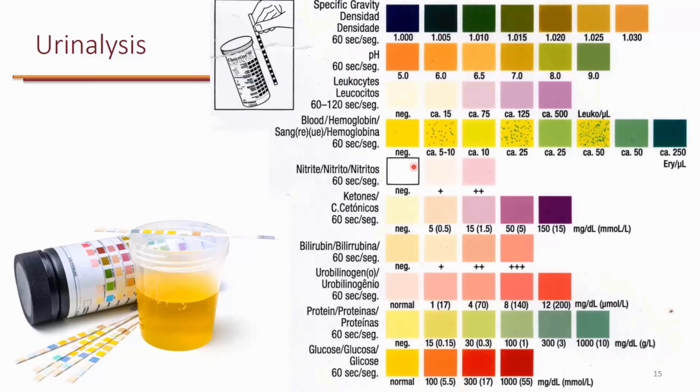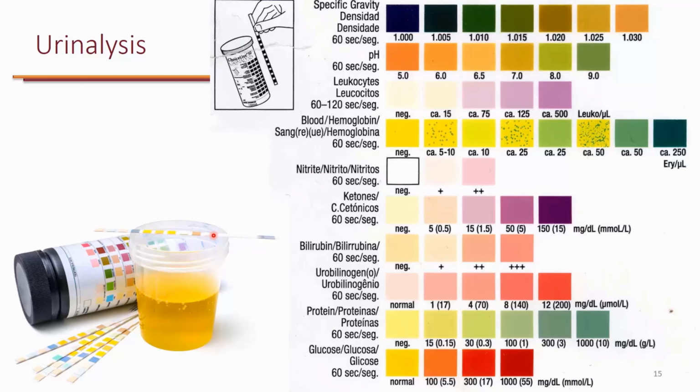And you don't need to memorize this or anything. It's just for your information. But based on the color, they will tell you the results of the UA, or urinalysis. I'll give you one example. One thing that they look for is the presence of nitrite.